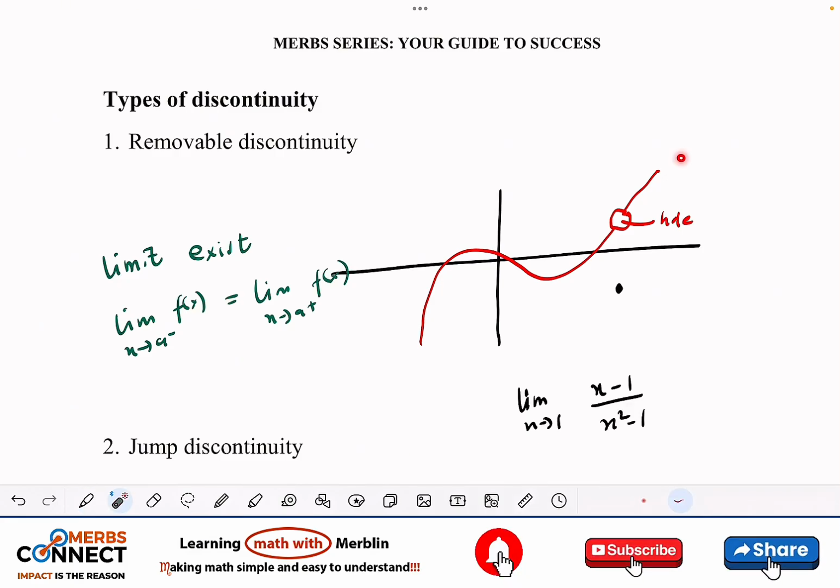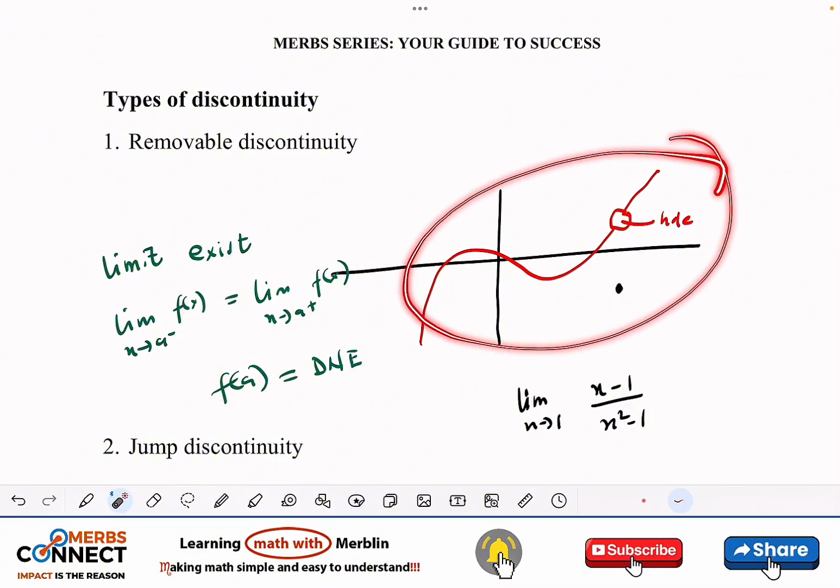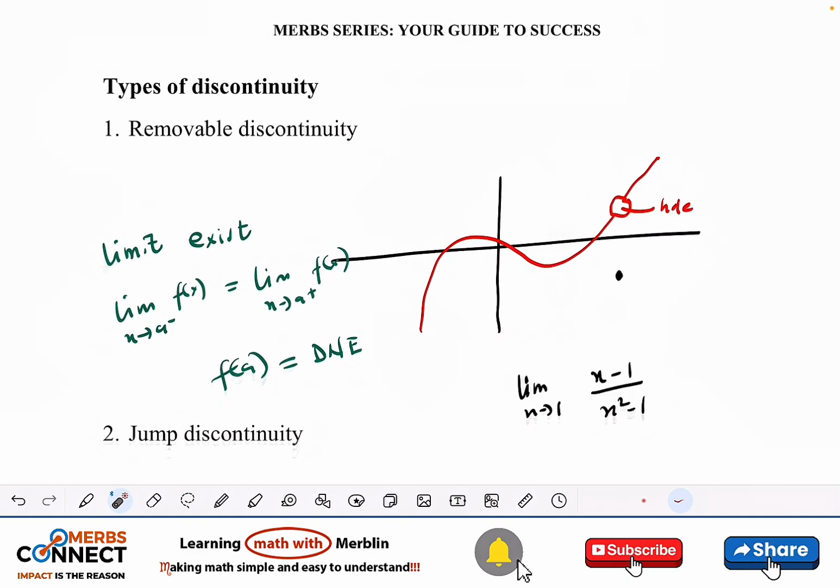So from the right, we are getting the same value, and from the left, we get the same value. But when you plug in the value, f of a, it does not exist, or maybe the value it gives us is different from this one. That's the reason why this is a type of discontinuity.